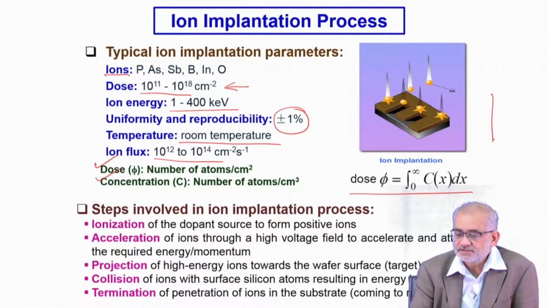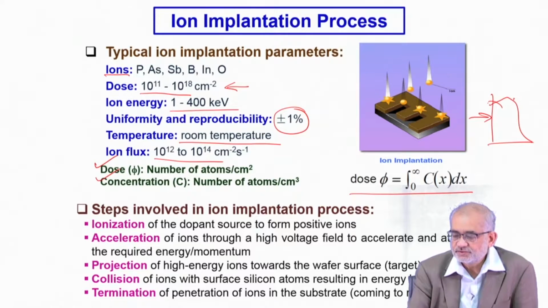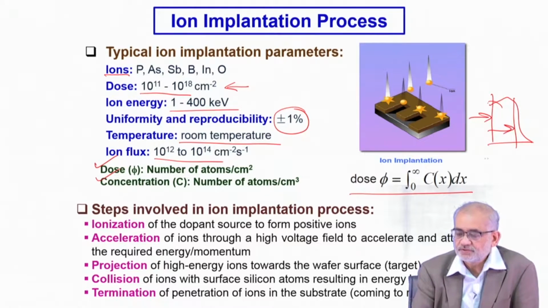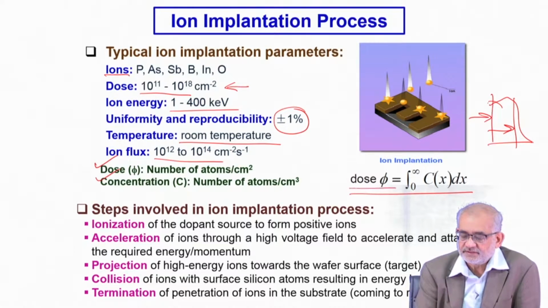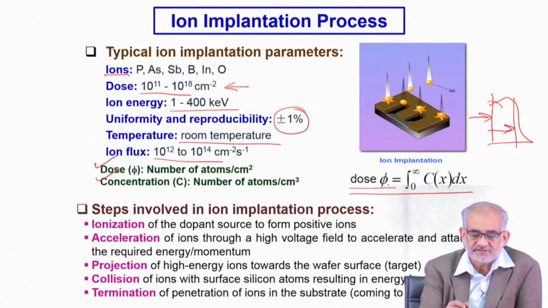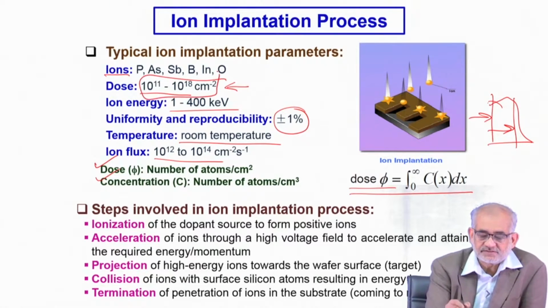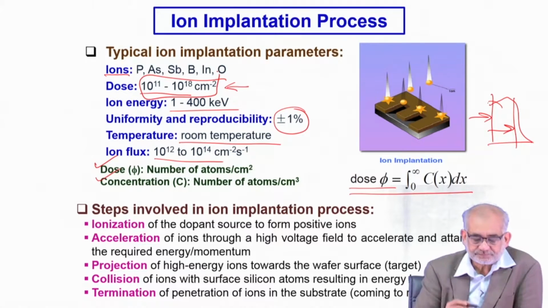So if this is the surface in which you are implanting and this is the distance, obviously the typical profile would look like this. This is the depth you're talking about, but you integrate over the entire thickness of the material, and the total value that you integrate gives you the total dosage that you can achieve, which at best would be somewhere in this range.